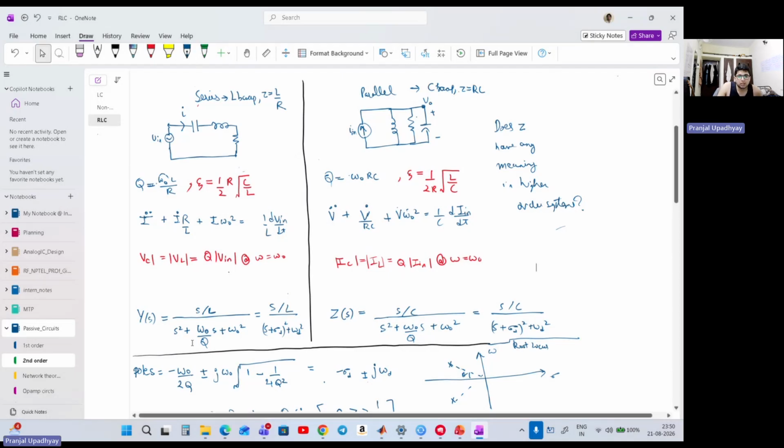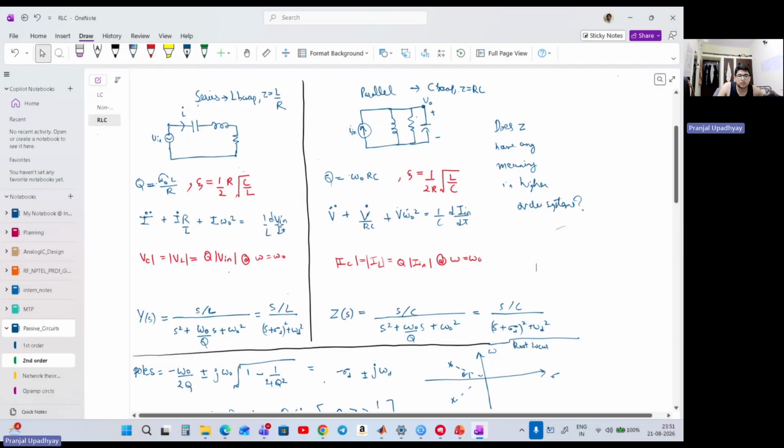Okay, so here, as we already talked about, impedance can be expressed as this, and it's again very simple to establish, because if you just apply Laplace transforms throughout, and you equate this term to zero, and this one also to zero, then you don't even need to equate this one to zero.